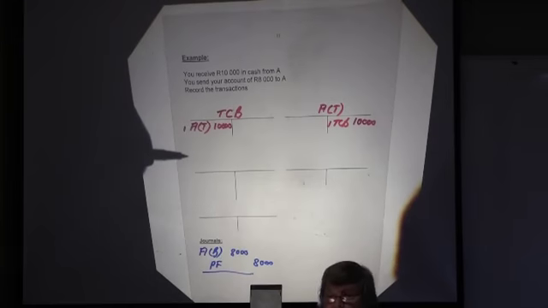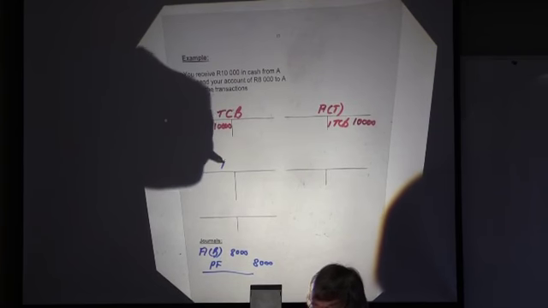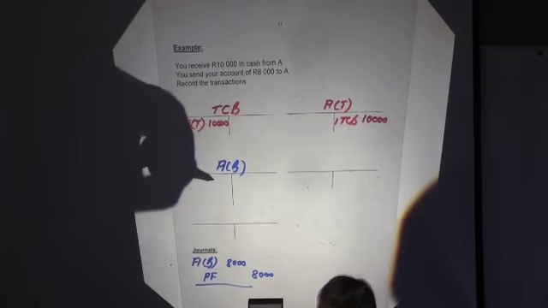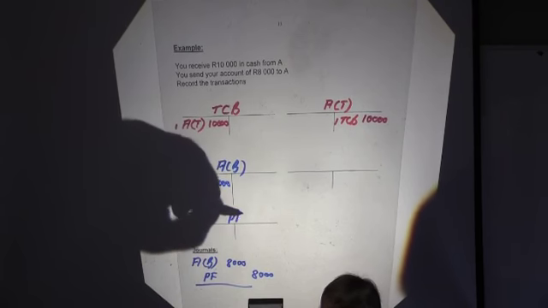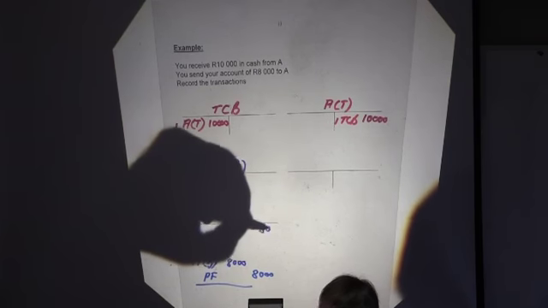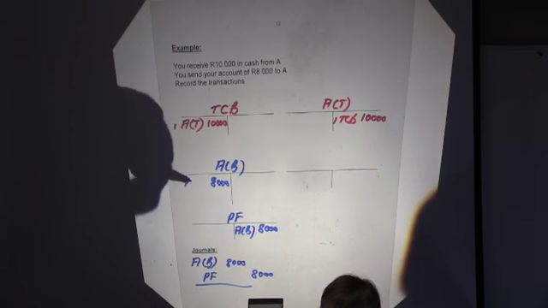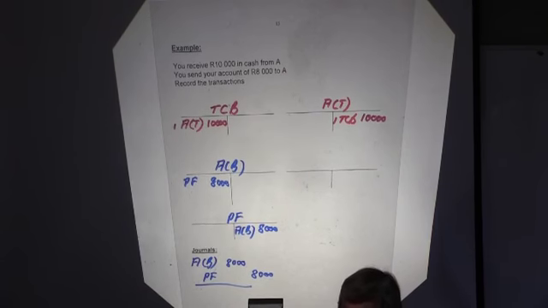I will then book over or post over those transactions. So I will open an account for A business, and I will debit A business with 8,000 rand, and I will credit professional fees with 8,000 rand. Here I will write A business, and there I will write professional fees. So I've done the posting of those amounts.